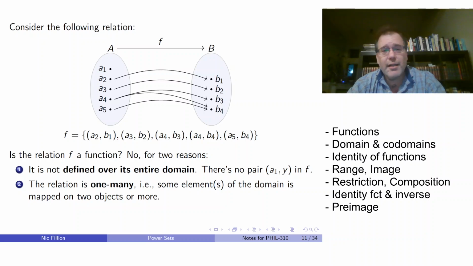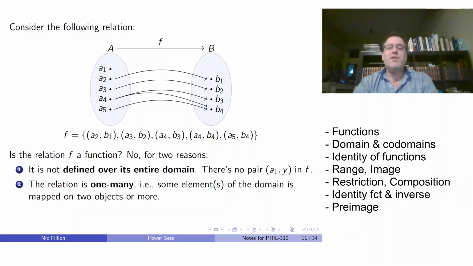In addition, there's a second problem, which is, look at element A4. That one is mapped onto two different things, namely B3 and then B4, right? So that means f of A4 is both B3 and B4. That's not something we want in a function.